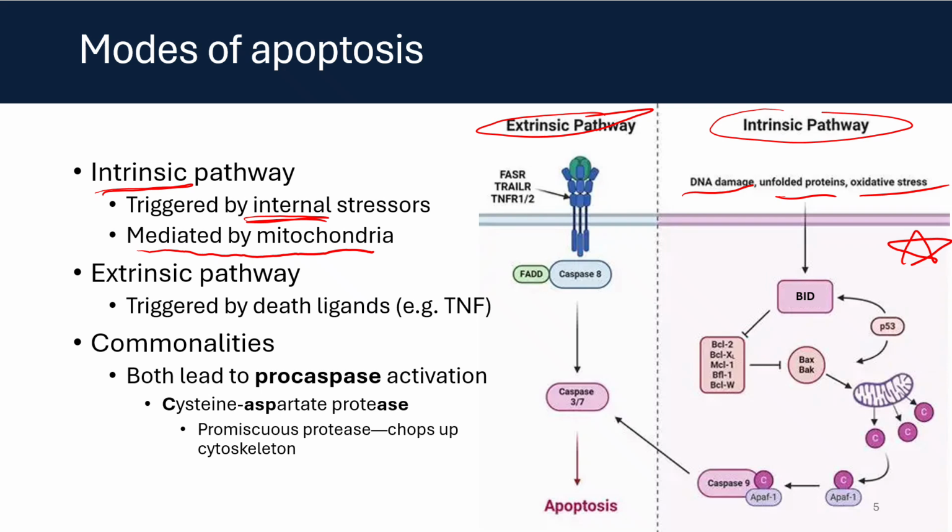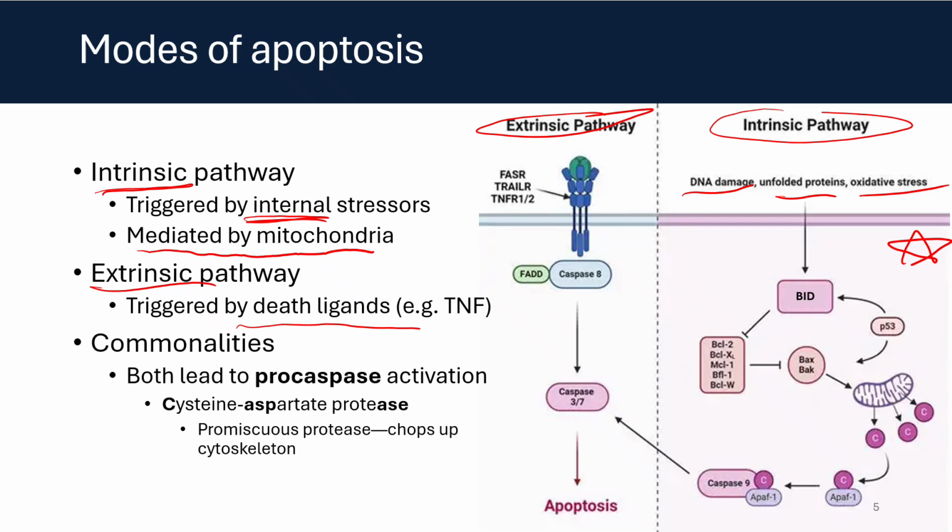The extrinsic pathway, however, has an apparently less convoluted mechanism of signaling, or so you may think. The extrinsic pathway is when an external signal called a death ligand comes over and binds a receptor on the surface of the cell that is being instructed to die.